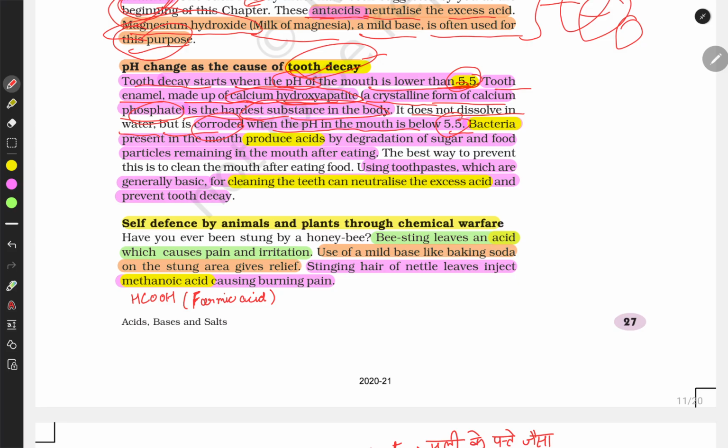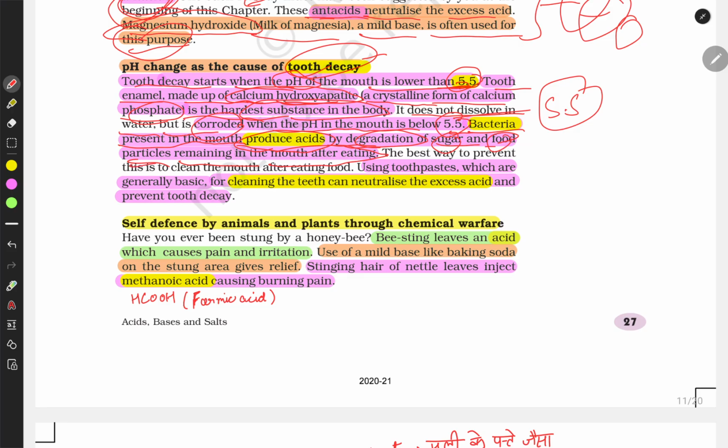Why does the pH of the mouth fall below 5.5? Because the bacteria present in the mouth produce acids by degradation of the sugar and food particles remaining in the mouth after eating. So the bacteria eat the remaining food particles that remain after we eat something, which are mostly sugar and other food particles.